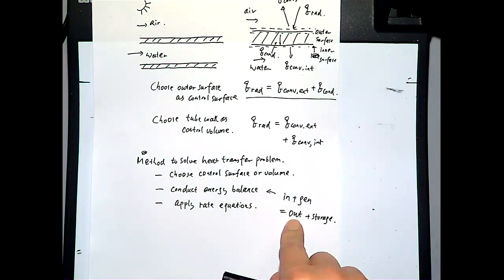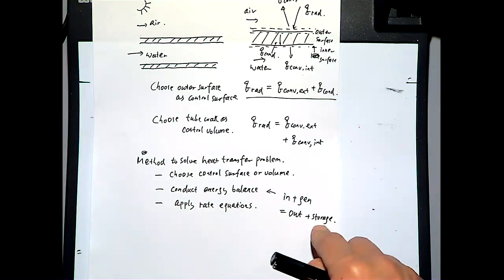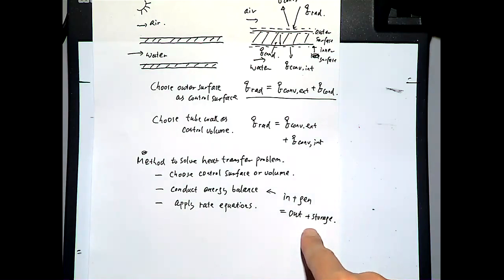Then that equals the things leaving your control body, and if the problem is not steady, which means the control body or your medium will have a temperature change with respect to time, then you will have the storage term. If it's not a transient problem, that term often goes to zero. All right.